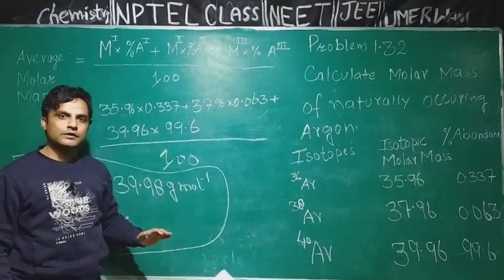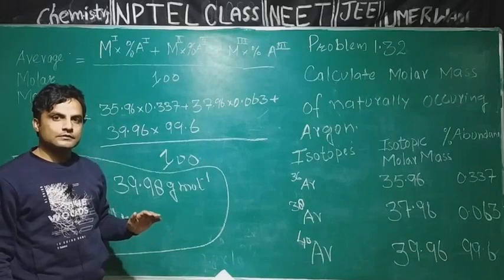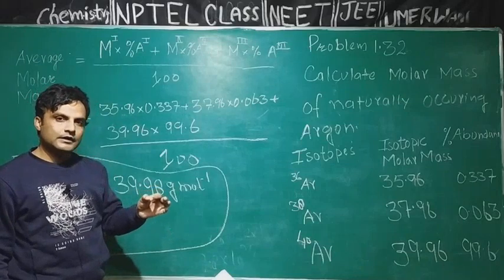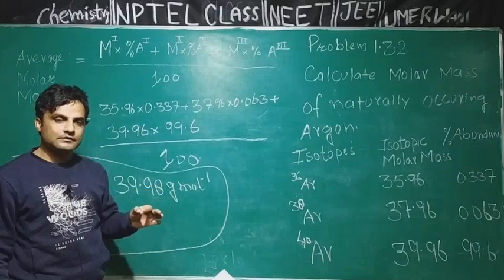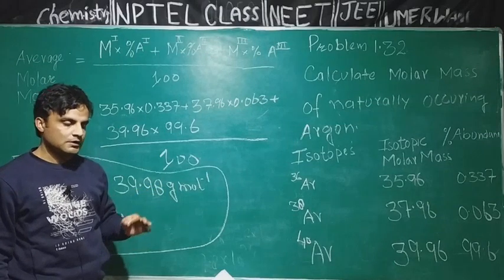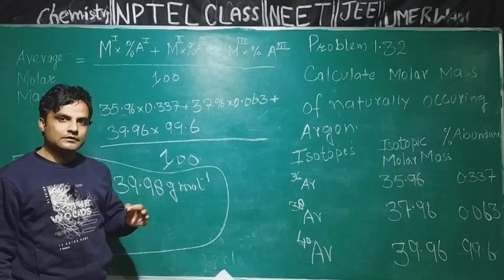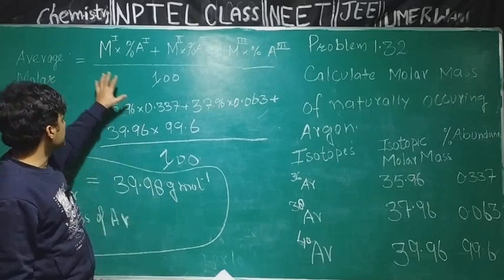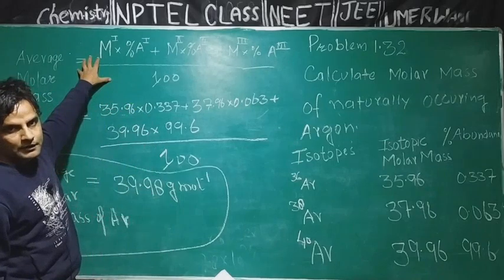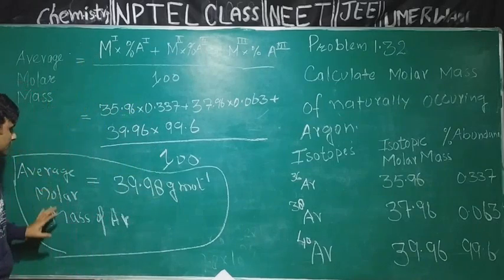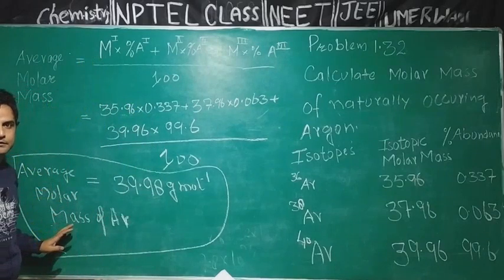Likewise, if in your exams you are given that a particular element has this many isotopes, and these are their molar masses and these are their percentage abundances, you simply have to use this formula and you will be able to find the average molar mass of that element.